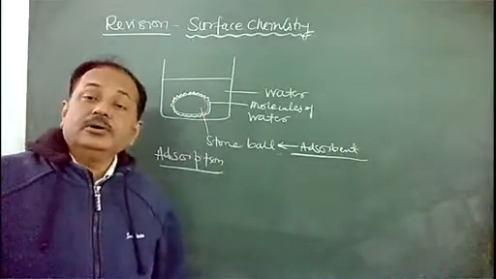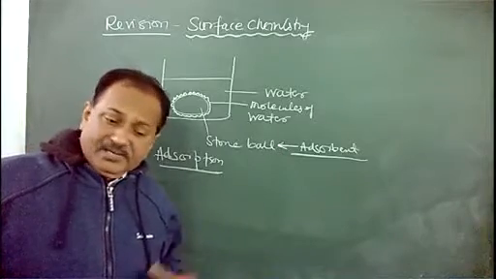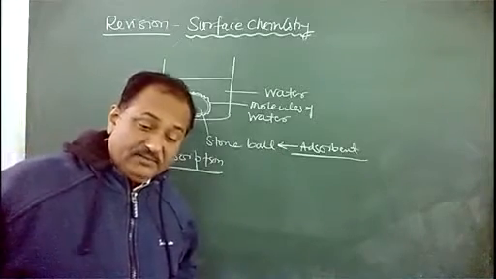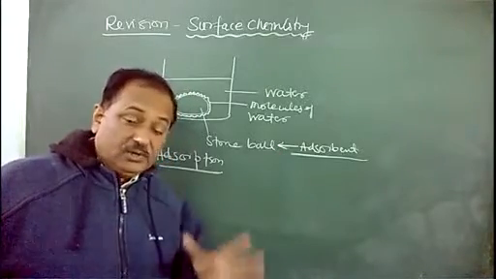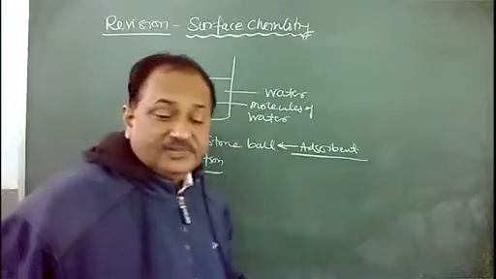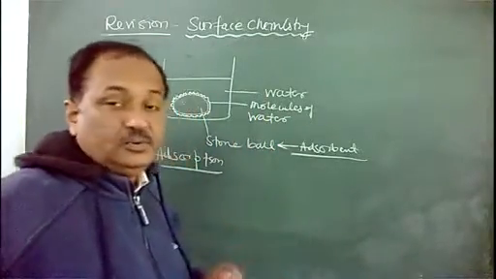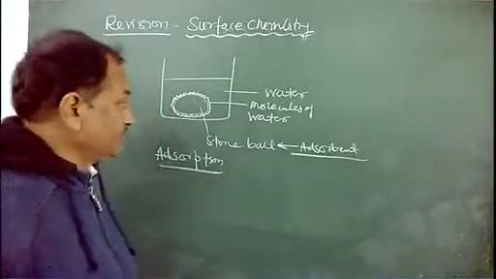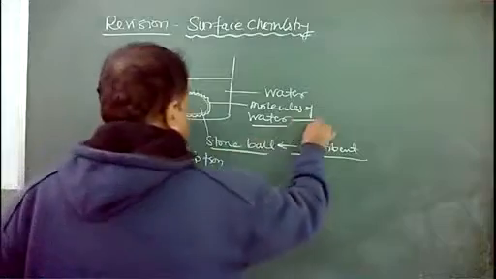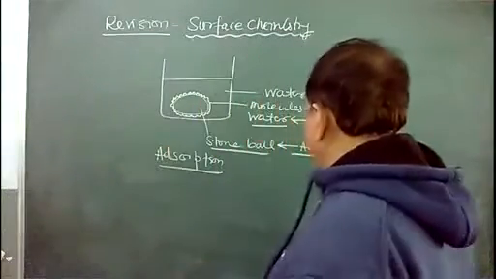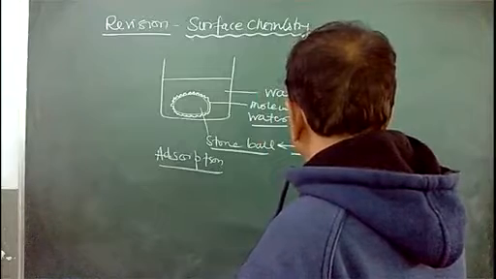So a stone or glass or any such substance, it can be metal also. Metals, glass, mica, wood are all adsorbents because the substances are confined to the surface only. Now this water is attached to the surface, so it is the adsorbate.